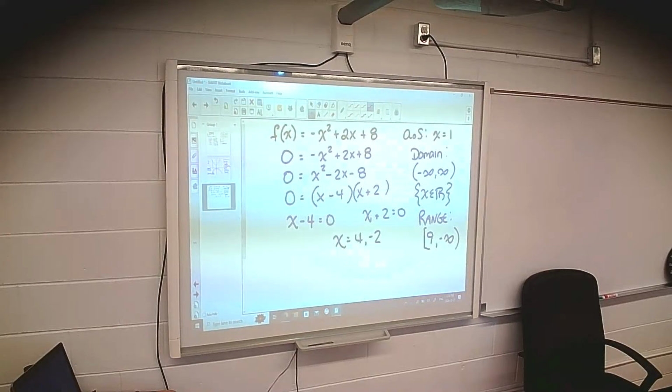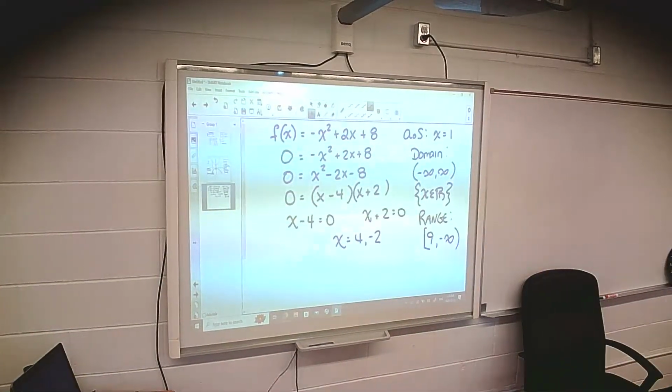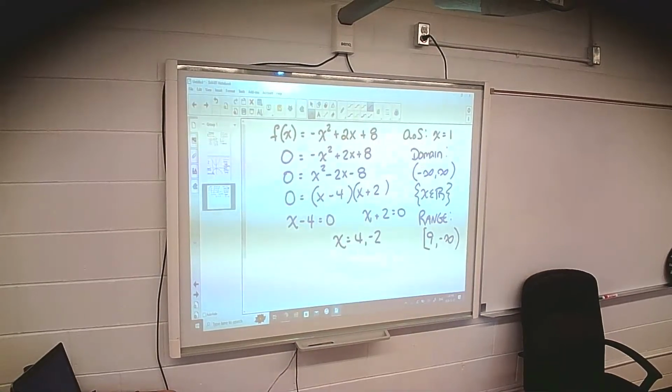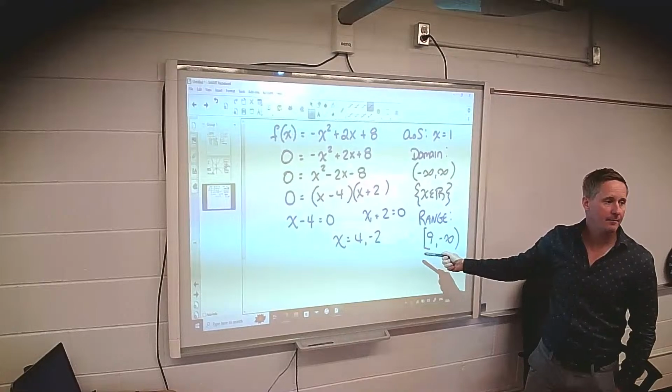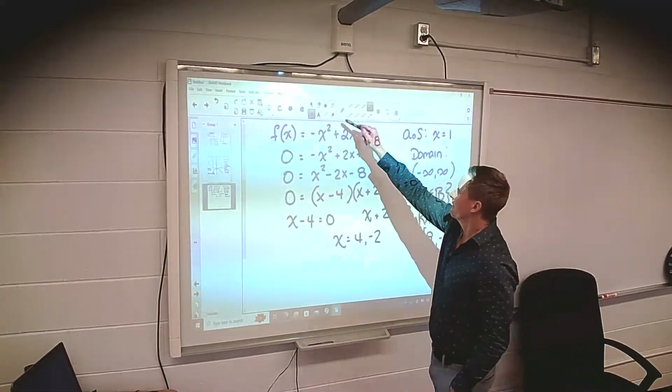Is that included? What's the problem with this? What is the lowest number? It always needs to go from down to up, lowest to highest.